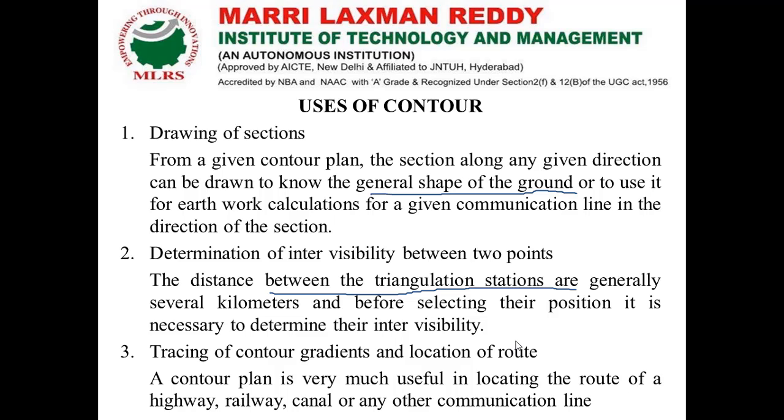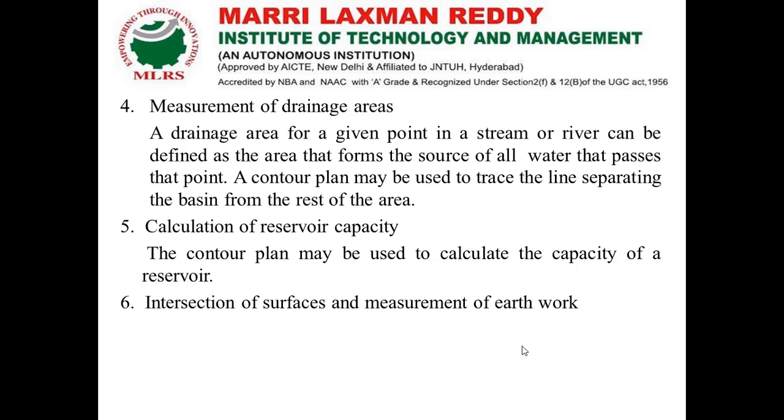Then fourth one, measurement of drainage areas. Here the contour map is very essential, so that we can calculate how much quantity of water we are getting in the catchment, or from the river or stream, whatever it may be.